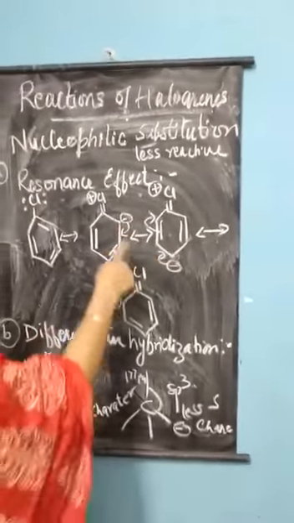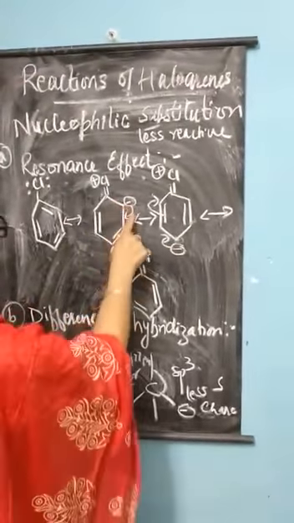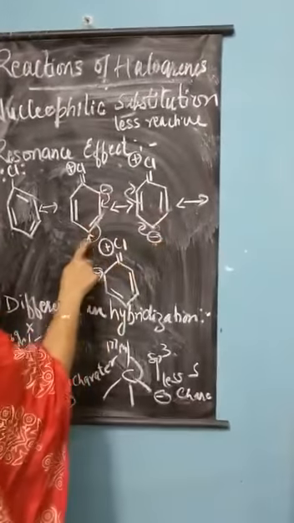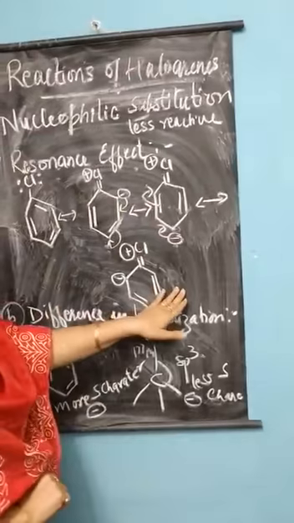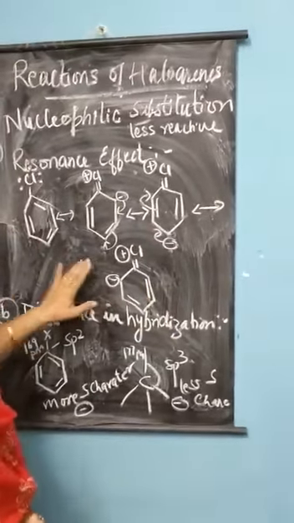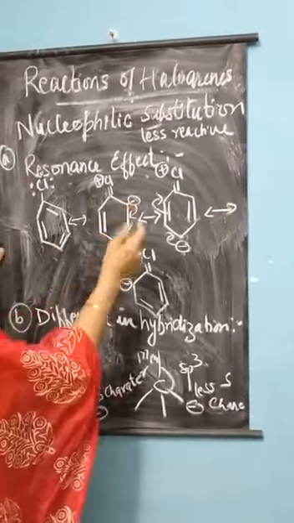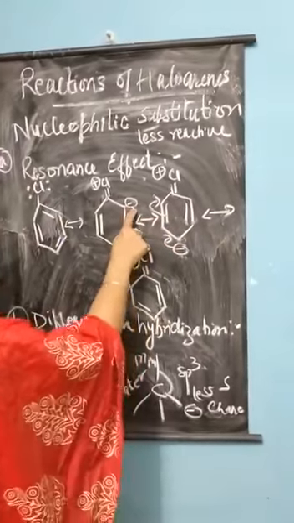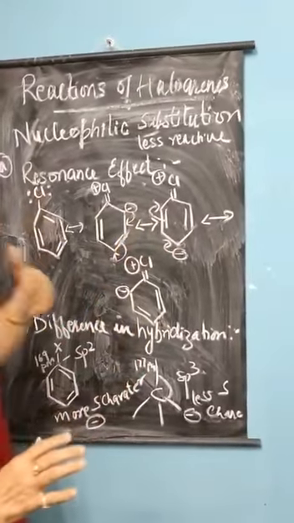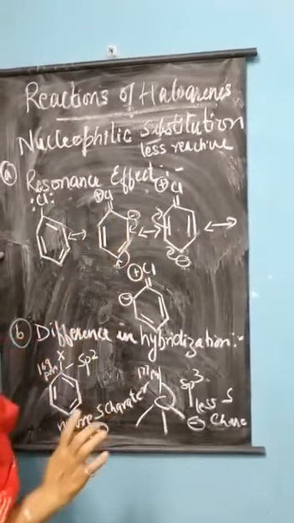Then you know how to form the resonating structures. This negative charge moves again, taking its place. With these few resonating structures, you will find that each position where the nucleophile should get attached is taken up by the electrons. So it does not become easy for a nucleophile to come and get attached to it.